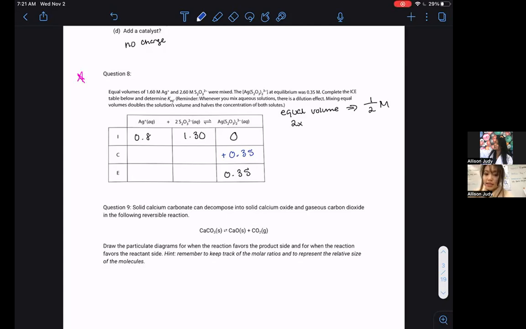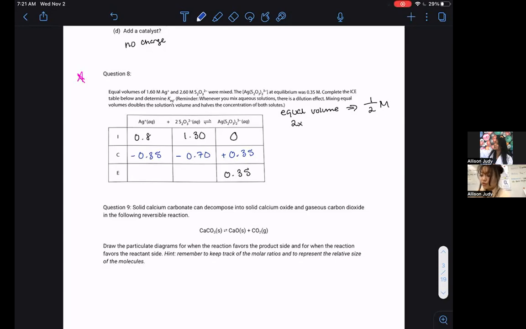So I'm going to say that my change is twice that, and I'm actually going to lose it. It's a negative change. So 0.70 is my change for S2O3- ion. And then for my Ag+, it's a 1-to-1 ratio with my known AgS2O3 product change. And so it's a 1-to-1 ratio of change. And again, all I do here is now flip the sign and say, well, I'm not gaining this. It's a negative change. I'm losing this molarity.